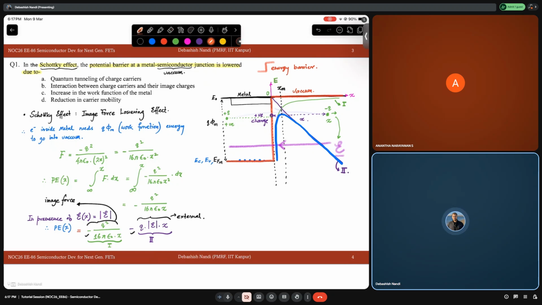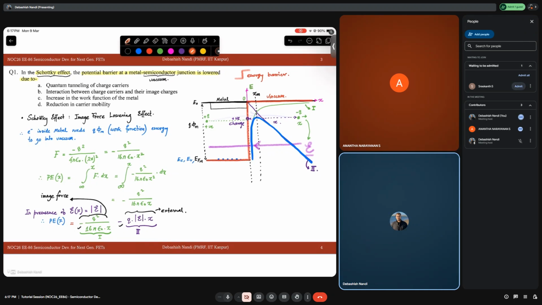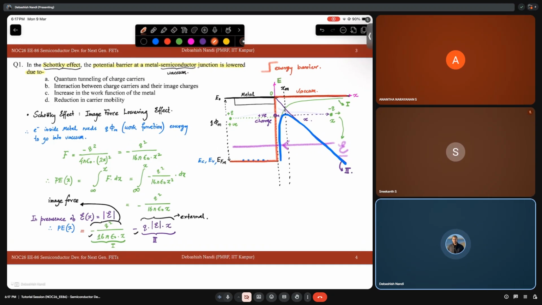So far, is it okay? Yes, sir. It's all right. So now let's say this lowered amount I denote by Q delta phi. So the barrier is getting lowered by Q delta phi.